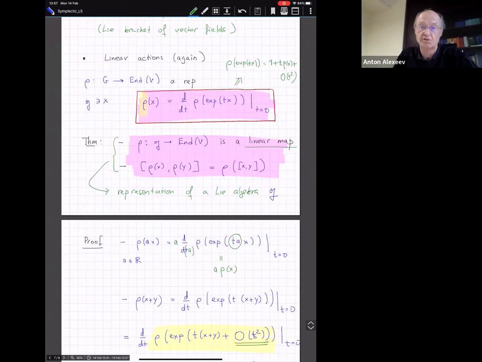With respect to t. But I mean, why should it be linear with respect to x? The linearity of first order of Taylor series is obvious for t, yes, sure. But for x, how do you know that? You see?